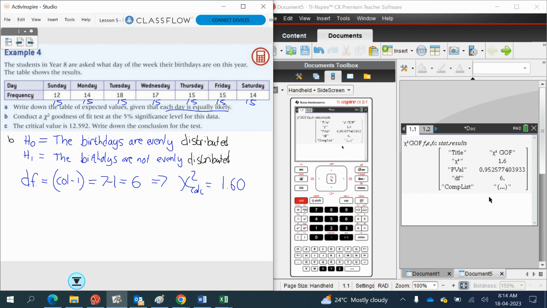So to conclude the test, we can use the critical value, and in this case we've got 1.60 is less than 12.592, which implies that the chi-squared calc value is less than the critical value.